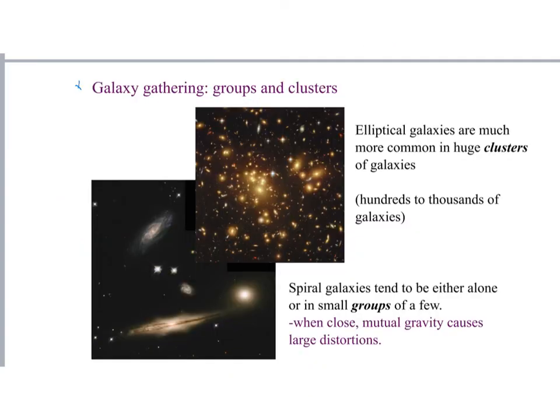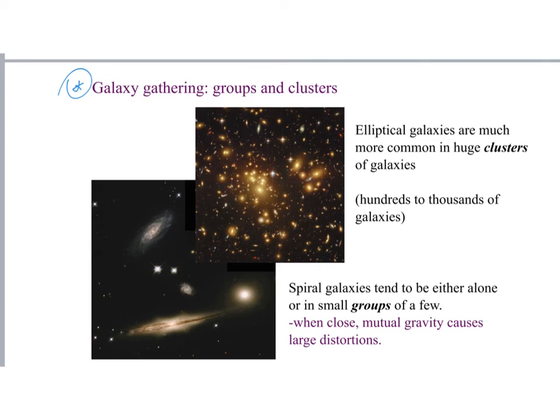Another interesting thing about galaxies is that they gather in groups and clusters. And we already talked about that in the very first chapter when we looked at the structure of the universe, and we realized that there are groups of galaxies, and the groups are in supergroups, and they are in parts of clusters.